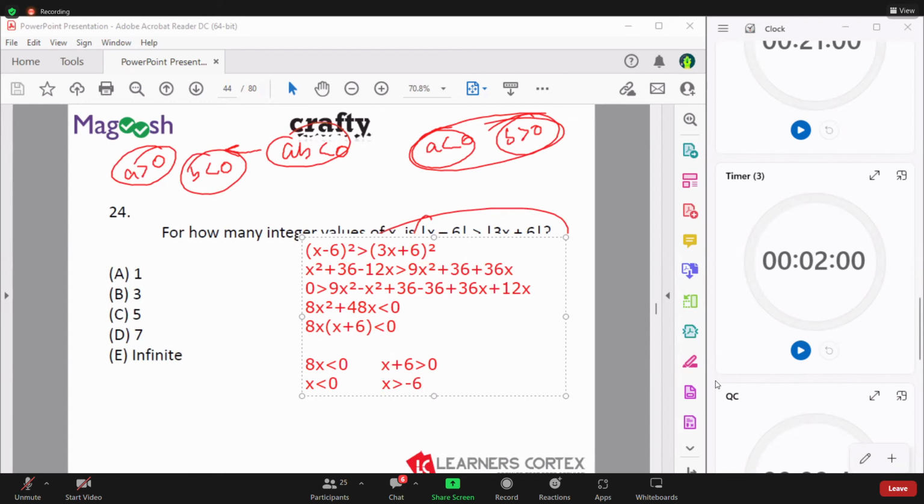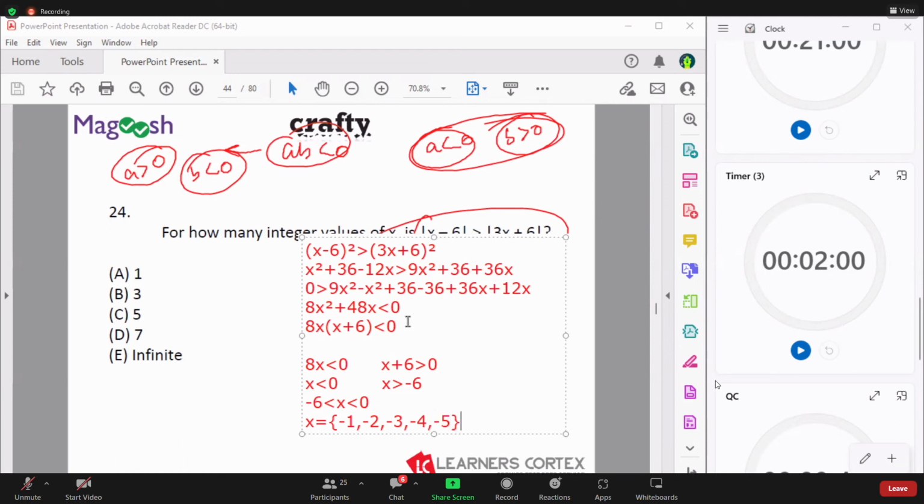Yeah. So you can write this inequality in one line as minus 6 is less than x is less than 0. So the possibilities for x become minus 1, minus 2, minus 3, minus 4, and minus 5. Is that clear till here?